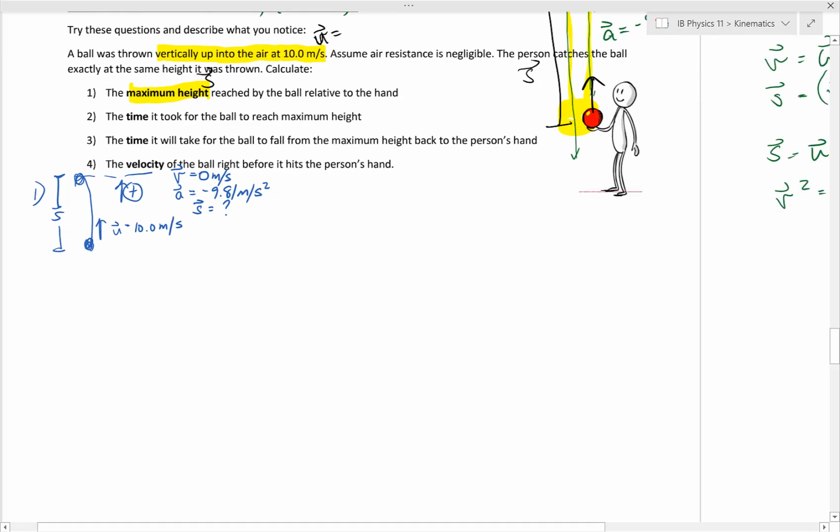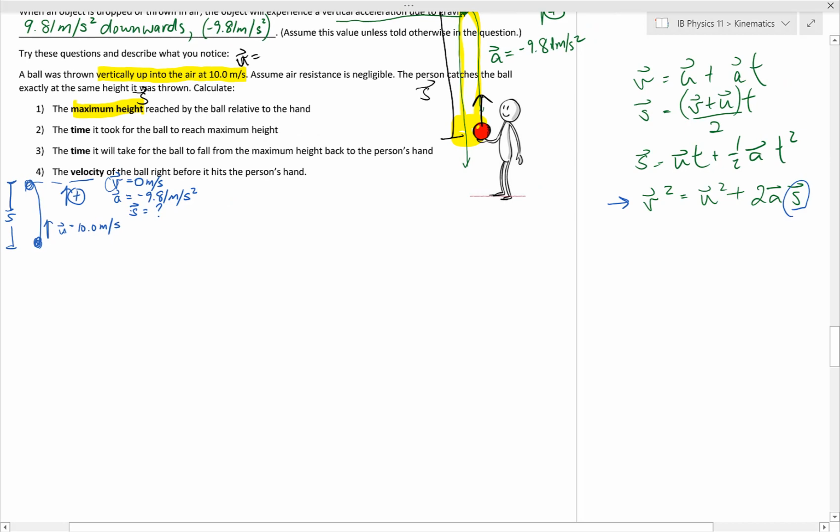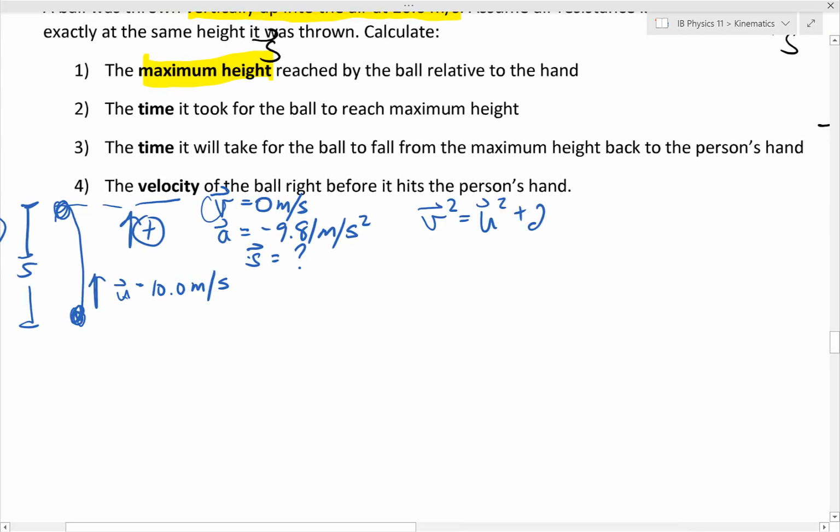It's time to identify which kinematics equation we want to use. We have V, A, S, and U. If we go along the track here, everything except time is our fourth equation, so we've got to use that one. We are asked for displacement, which means I'm going to need to solve for S first. Luckily, the final velocity is 0, so I can just get rid of that term altogether. I'm going to bring the initial velocity to this side, peeling the orange, dealing with the outside terms first.